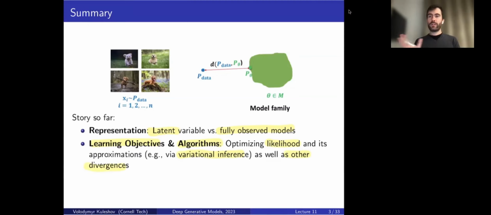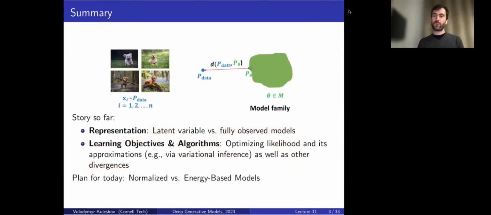So these are different dimensions along which we can place the generative models that we saw so far in the course. In this lecture, we're going to see yet another approach to defining a generative model, as well as its associated learning algorithms. This approach will center on a different dimension along which we can construct models.